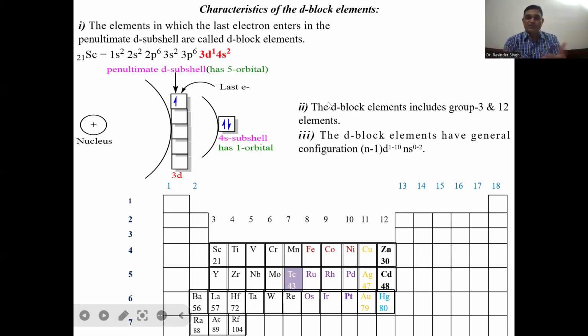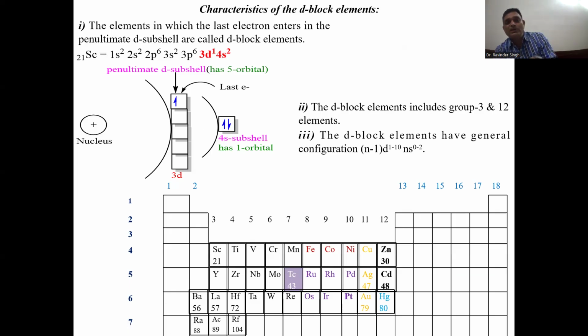So the general configuration, we will see ahead. The general configuration of the d block element is (n-1)d 1 to 10 and ns 0 to 2. Why do we write (n-1)d 1 to 10?